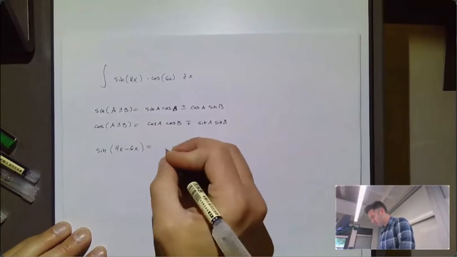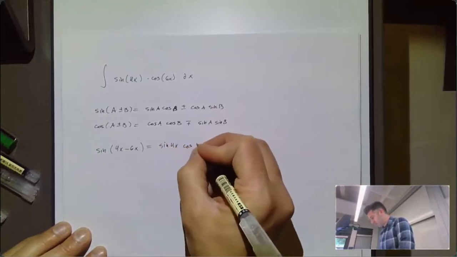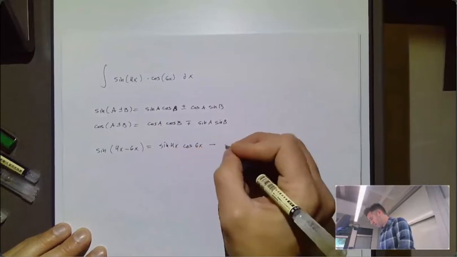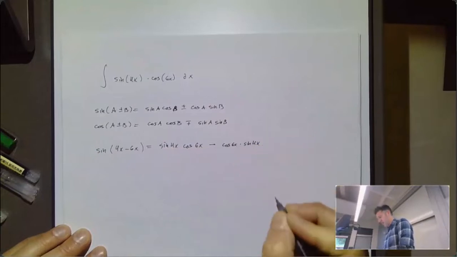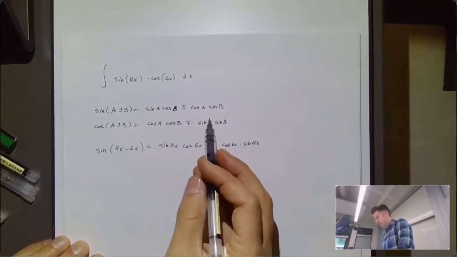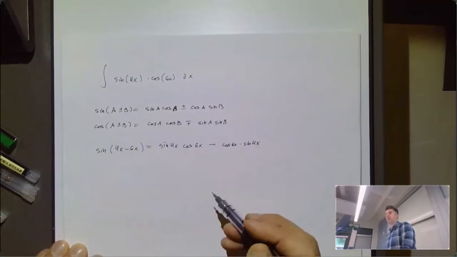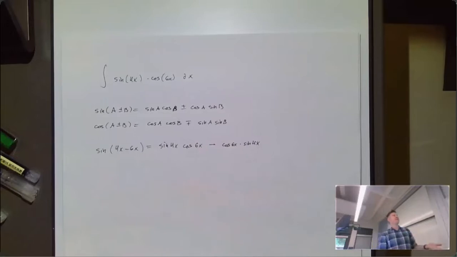That's going to equal sine of 4x cosine of 6x minus cosine of 6x times sine of 4x. And then I think you also want like, gosh, how do you make that happen? I don't know, magic. You do something else. It's really like, to me, these are the worst.